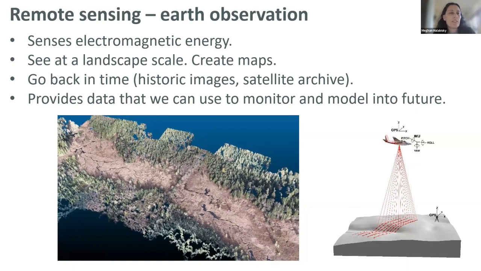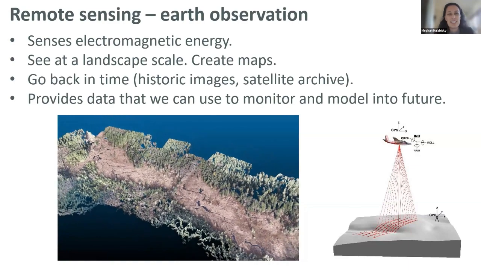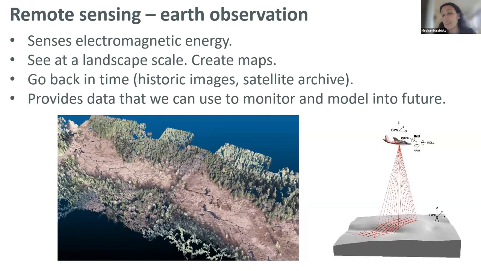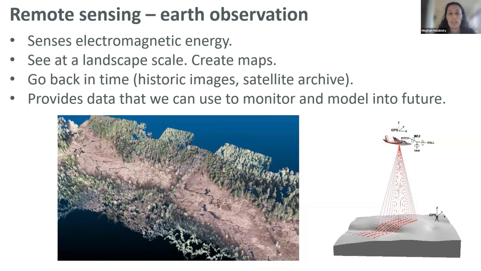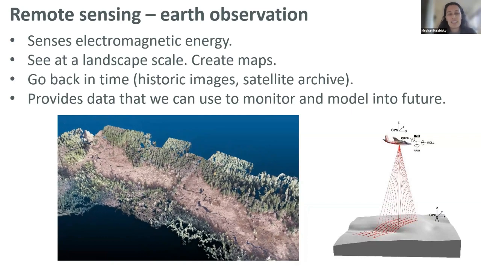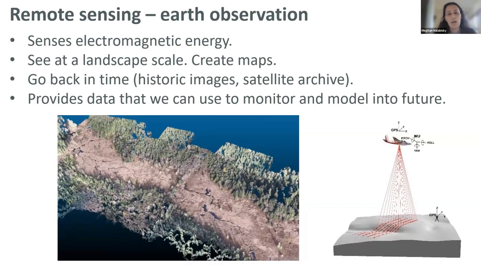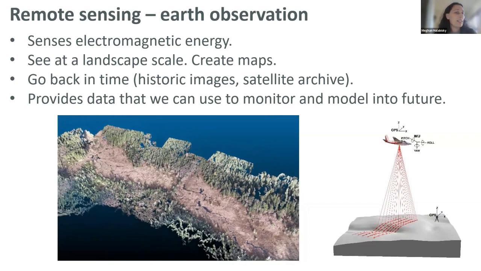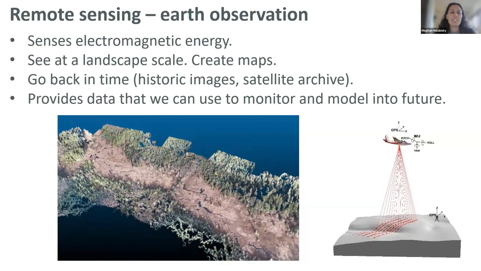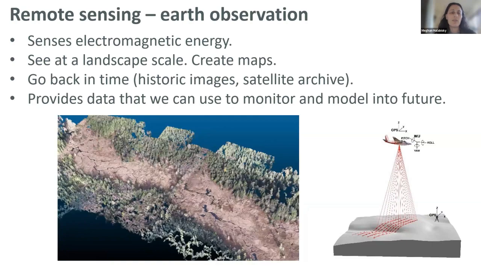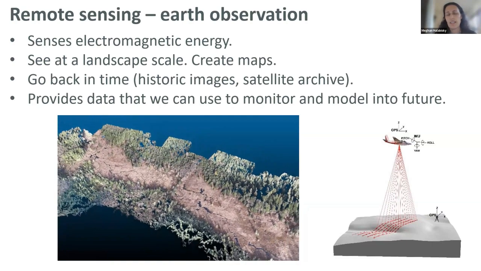But what remote sensing is useful for is it can help us see at scales that we might not be able to see when we're out in the field at a specific wetland site. This is the technology really that is used to help create maps. And it can allow us to map things through time going forward, but also reaching back into our historic archive of satellite imagery.